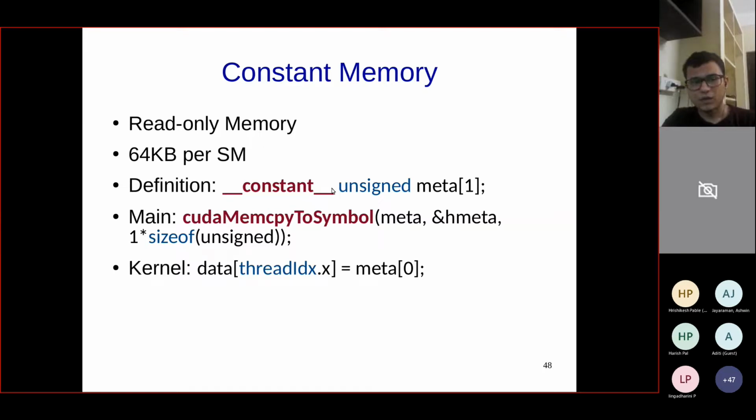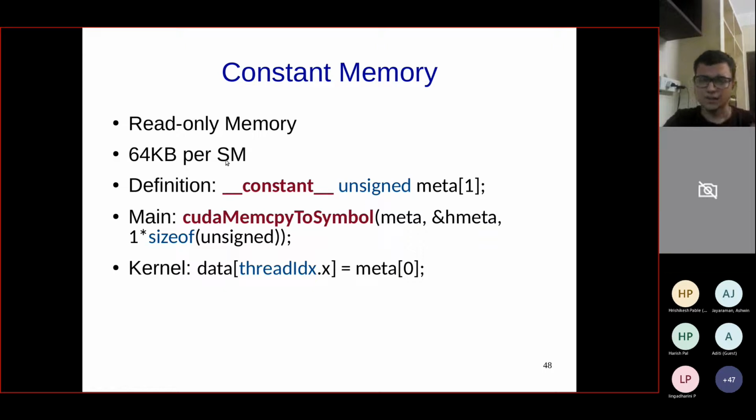If you remember, for shared memory we write __shared__, then the data type, and then the name of that array, right? So it's very similar here. Instead of shared, we use the keyword __constant__, and then the data type and the identifier, and then the size of the array that we want to declare in the constant memory.